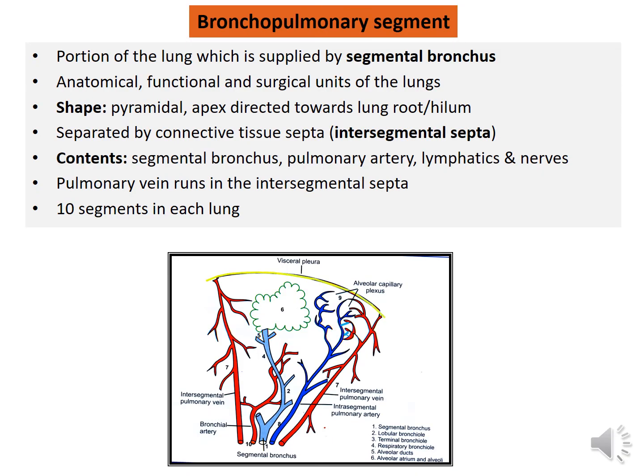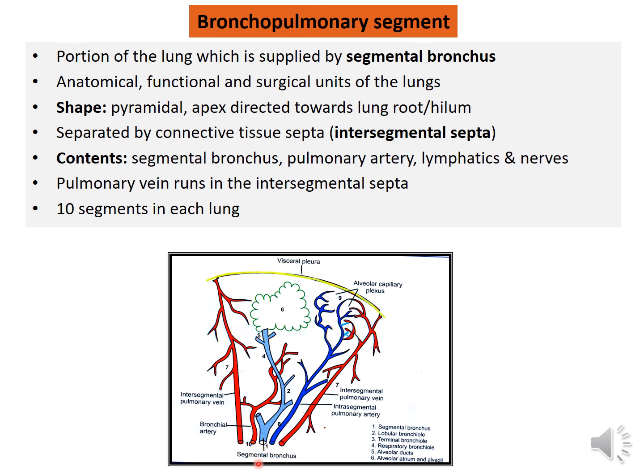Bronchopulmonary segment. It is the anatomical, functional and surgical unit of the lung. How will you define the segment? The bronchopulmonary segment is a portion of the lung which is aerated or supplied by the segmental bronchus. You can see here in the picture a schematic picture of one bronchopulmonary segment.